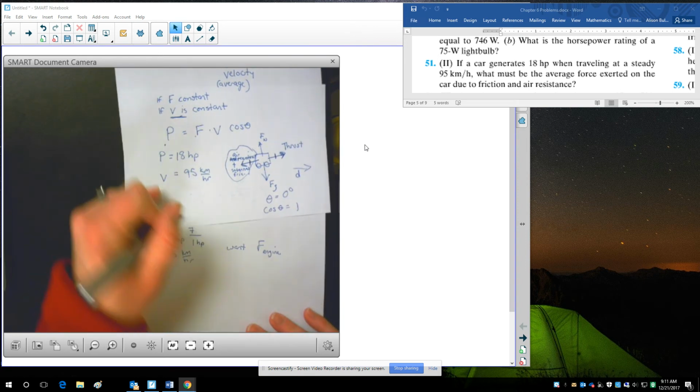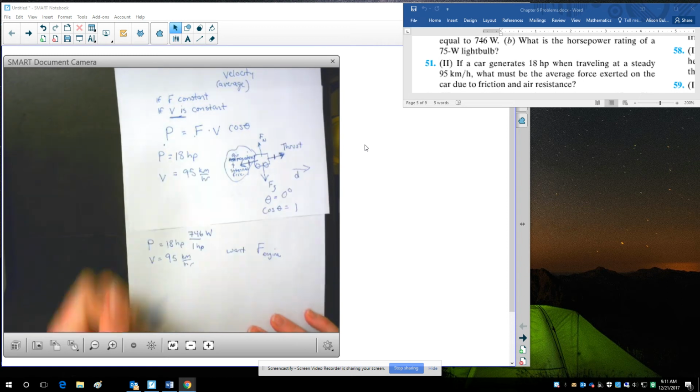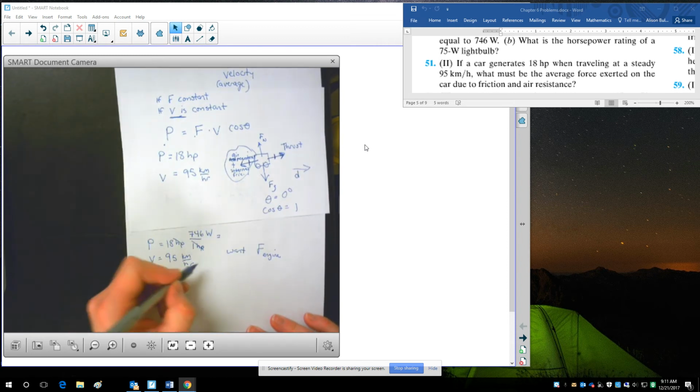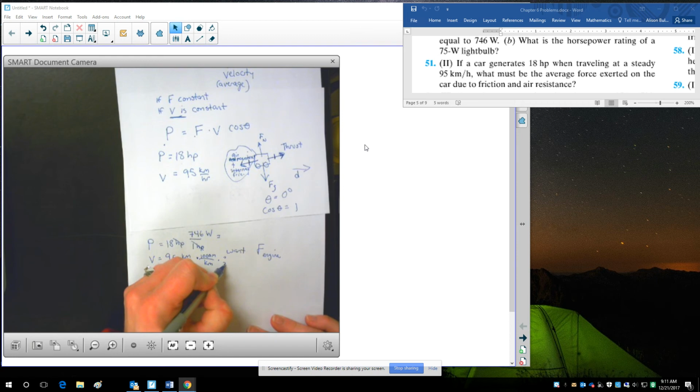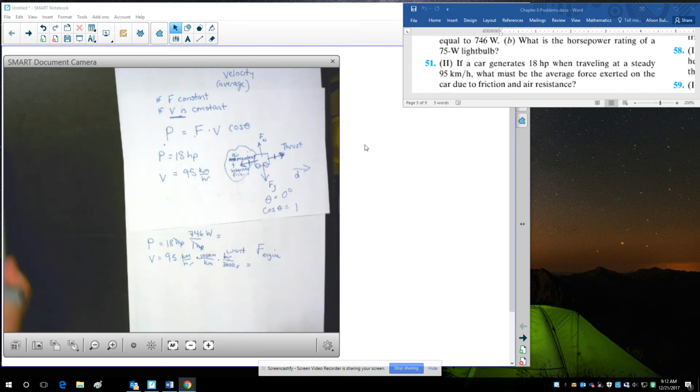So let's round it up to 746 watts. That'll get us into watts, and get rid of the HPs. And then for kilometers per hour, we go 1,000 meters per kilometer, and 3,600 seconds per hour. And now we're in meters per second.